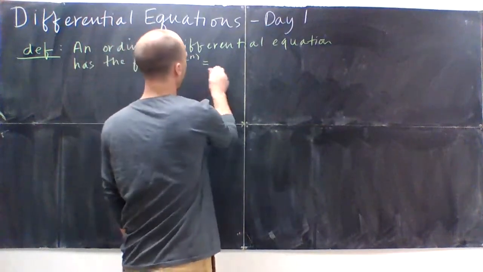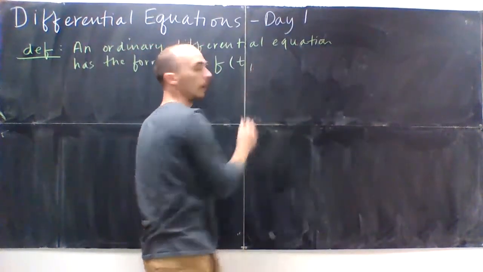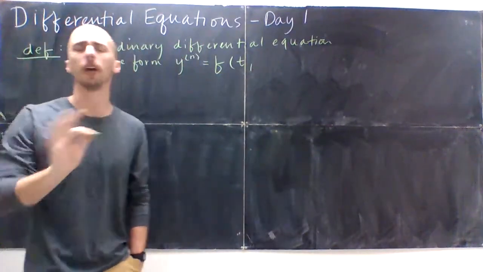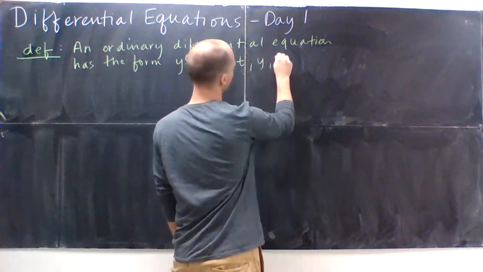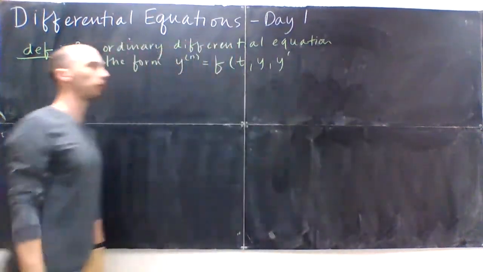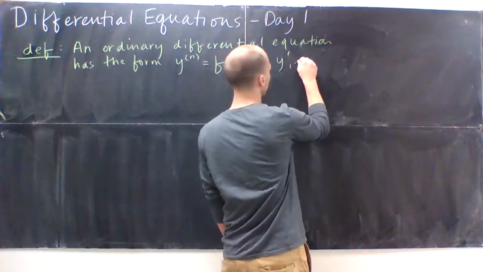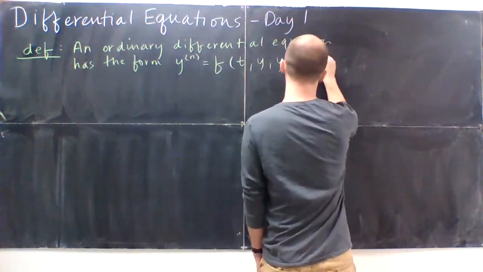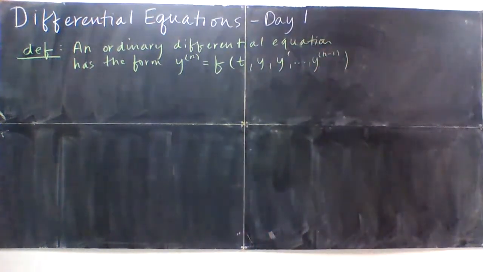So the nth derivative of y is given by some function of maybe t, y, y prime being the first derivative of y with respect to t, and all the way up until, possibly, the n minus first derivative, right?